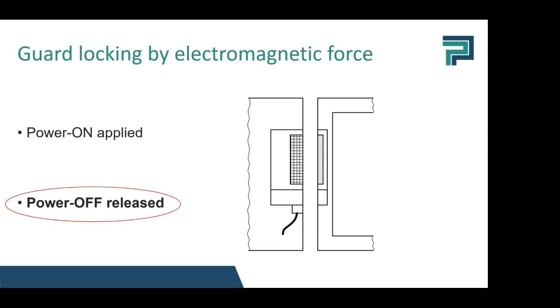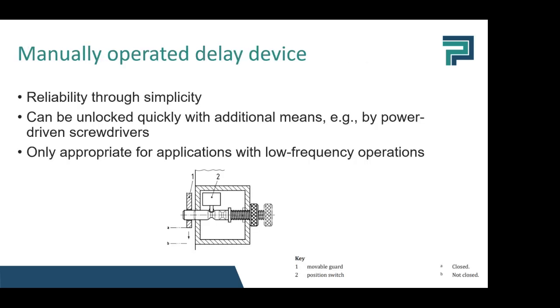Then there's a bit of a weird one left, and this is the manually operated delay device. So what is the principle of this? We will, for example, have a lock, and then we have to turn a screw to unlock the guard. And this is very reliable through simplicity. And the time it takes for the screw to unlock the guard is sufficient to stop the hazardous movement.